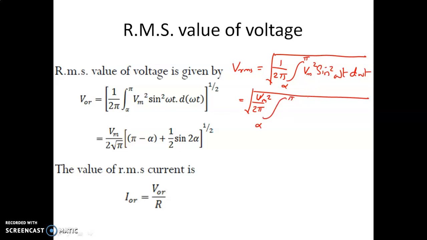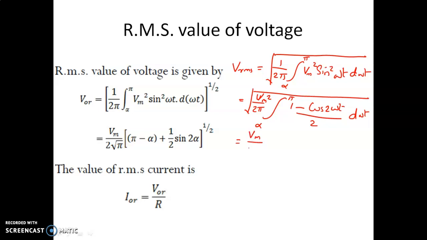Sin square omega t can be written as 1 minus cos 2 omega t divided by 2, d omega t. Now this 2 also can be taken out. I am taking Vm square by 4 outside.